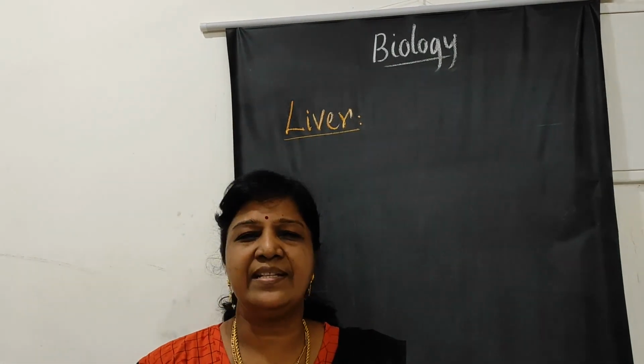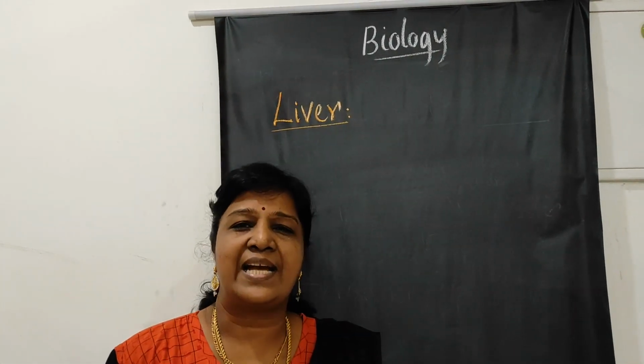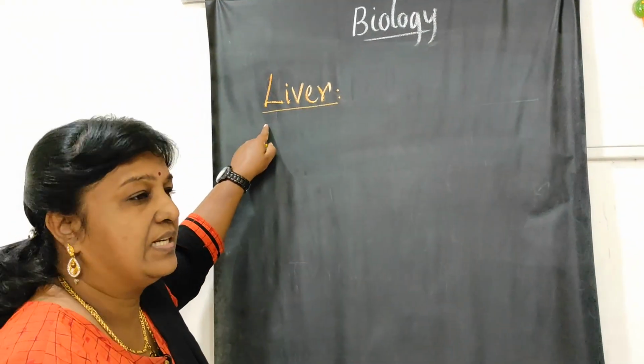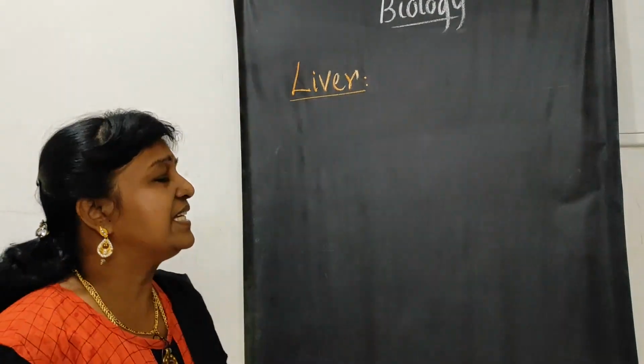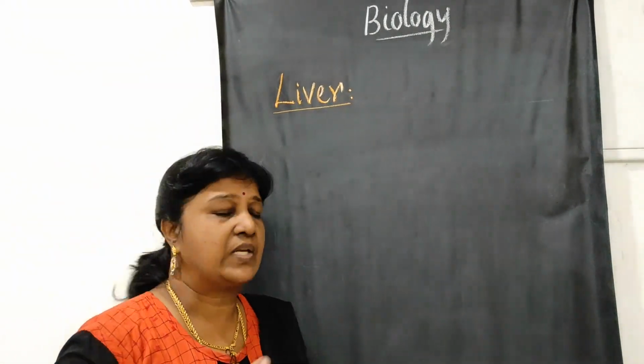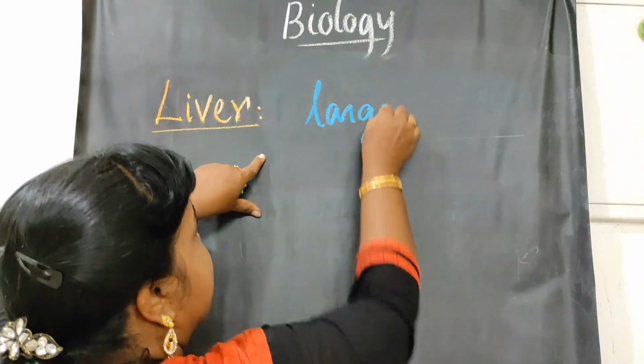And now today in this video we are going to see the remaining parts of the digestive system. The first one is the liver. When you are taking the liver, it's the largest digestive gland.